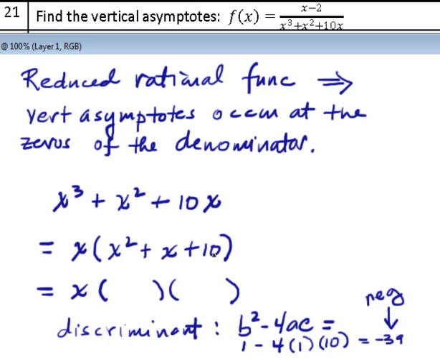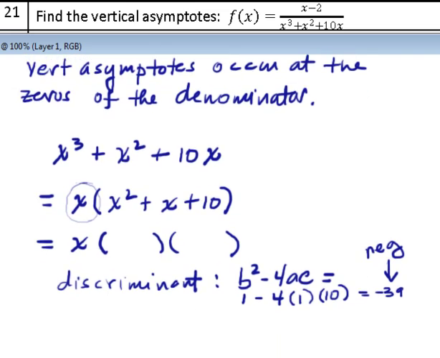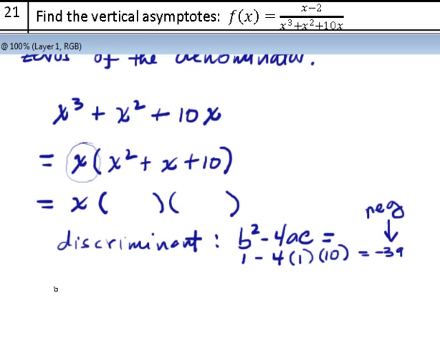Okay, so the only zero comes from x, and that means x equals 0 is the only vertical asymptote. So we have a vertical asymptote at x equals 0, and that's the only one.